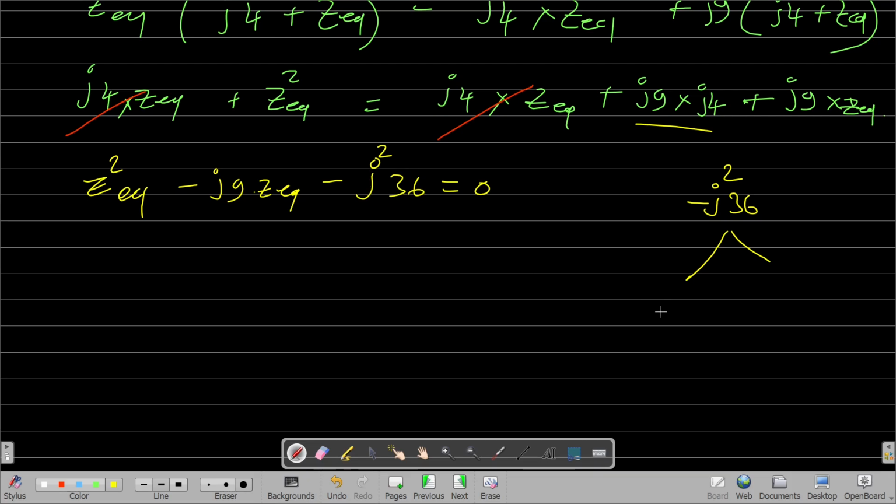So here we get minus 12J and 3J. If we perform addition, then we will get minus J9, and if we multiply, then we will get minus J square 36. Okay, so let's simplify this equation.